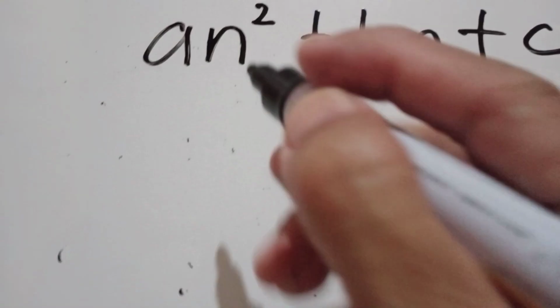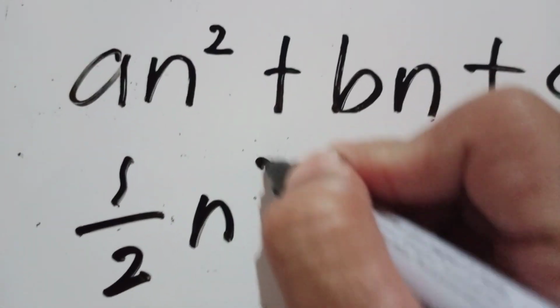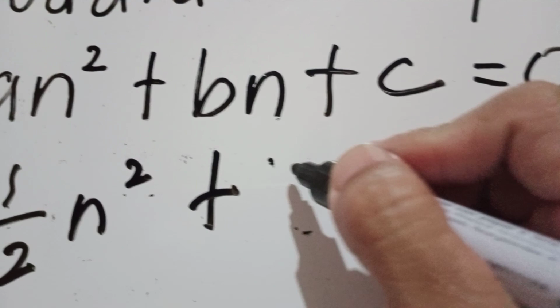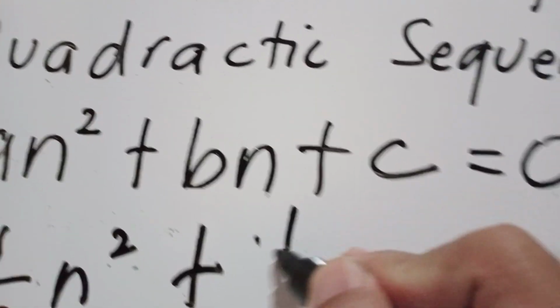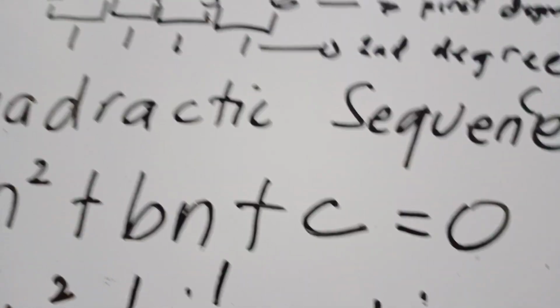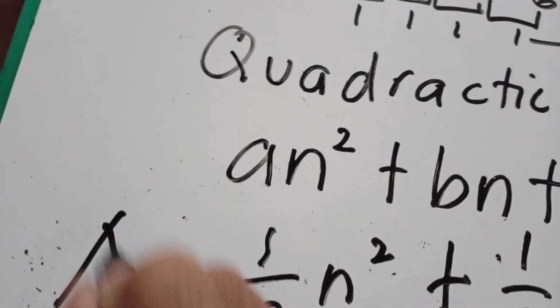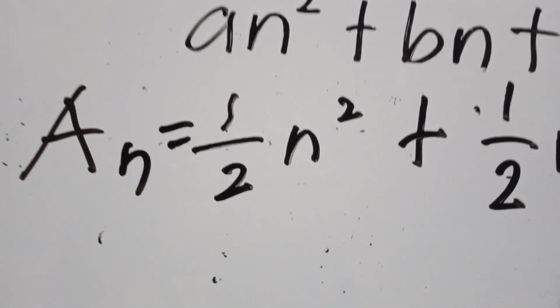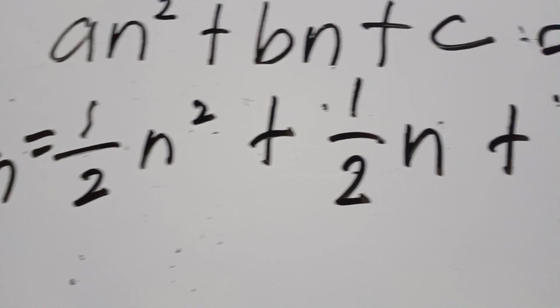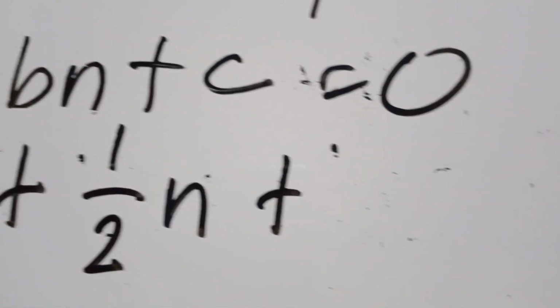The value of a is 1 half, b is 1 half, and c is 0.